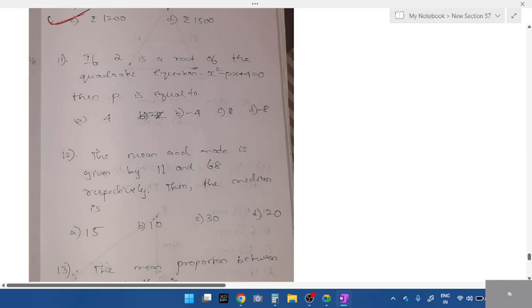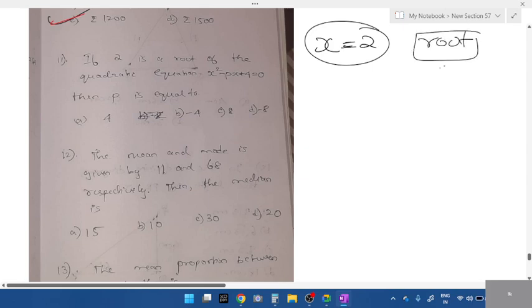Yes. How do you solve this question? If 2 is a root of a quadratic equation, just substitute 2, students. x is equal to 2 is what you have to substitute. Simple. Root is nothing but the value of x. Remember this.